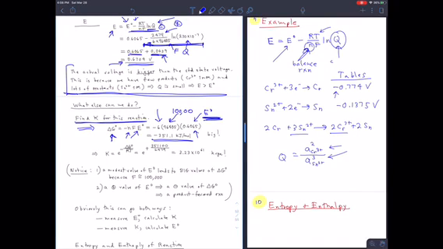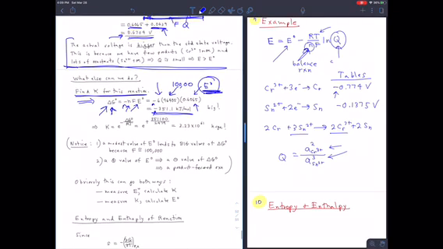So modest positive cell voltages usually correspond to really high favorable delta G values for the same reaction. In this case, notice the minus sign here means that it's a negative delta G, as I said above, of minus 351 kilojoules per mole. That's a big reaction free energy.